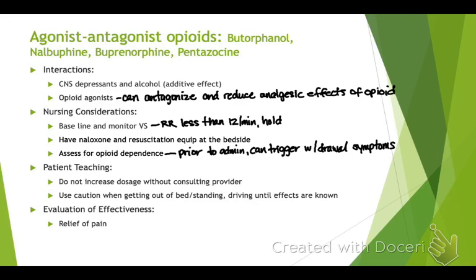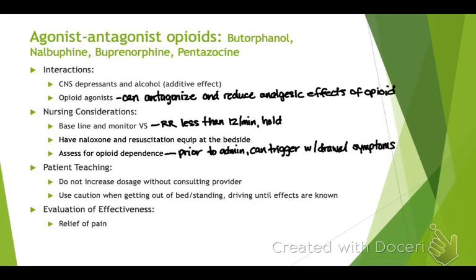So the patient ends up going through withdrawal symptoms from the methadone. So it can have an interaction and then cancel itself out.